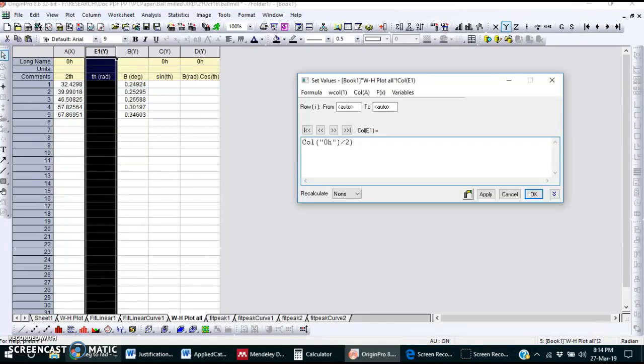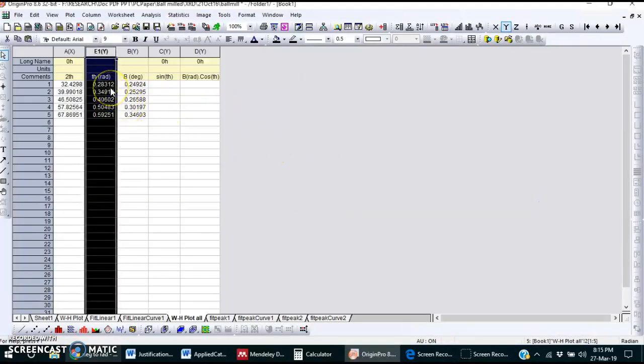This is in degree now, and multiply it with 22 by 7. Put it in brackets, and again we have to divide it by 180. So now this is in radian. These are the values in radian.